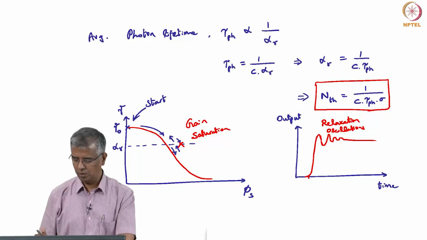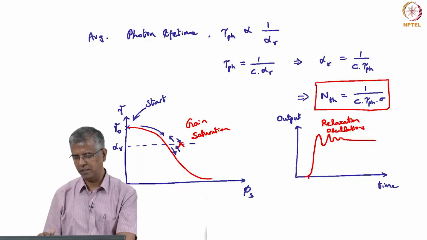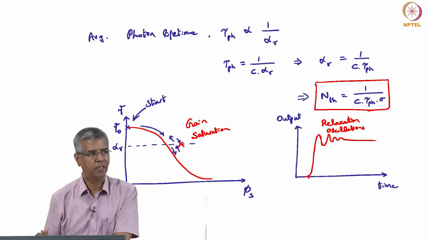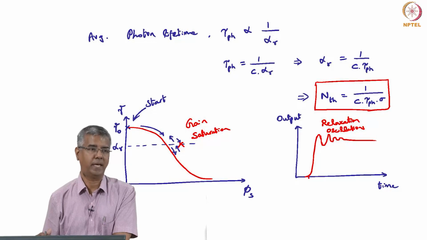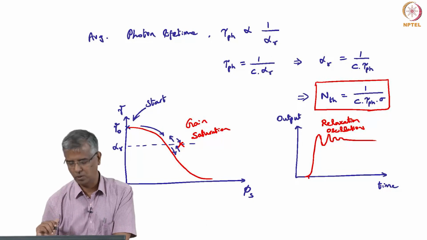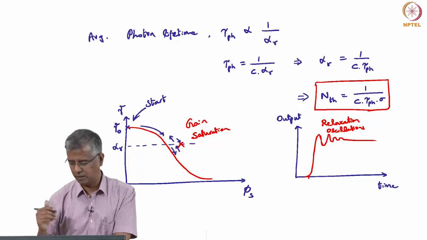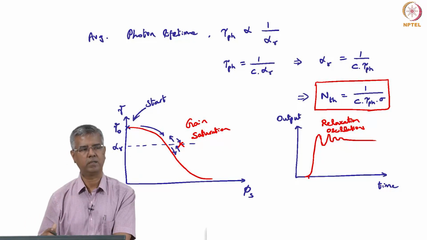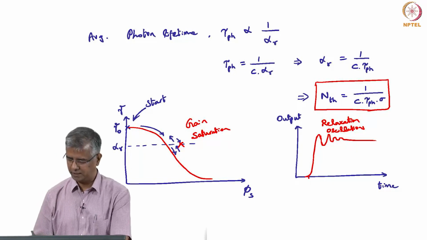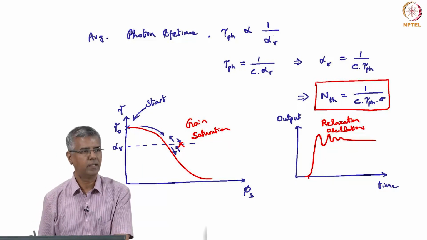So, although you may be pumping at a relatively high level, as far as the gain of the medium is concerned, the gain gets clamped at the level of the loss inside the cavity. Like I said, any excess pump photons are contributing to the signal photons that are escaping the cavity. Is that clear?